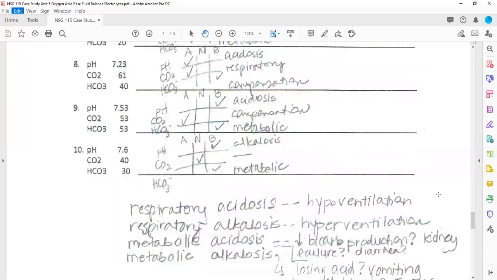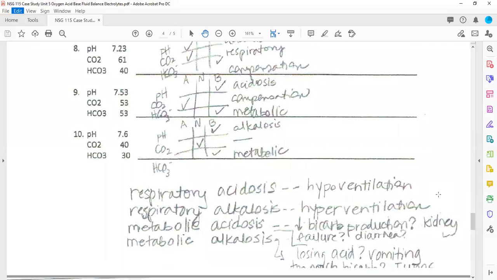So we need to also consider what kinds of things could cause an imbalance. So let's look at that. If our patient is in respiratory acidosis, what are we going to see? It's a respiratory problem. It's the lungs. Acidosis happens when we are holding on to CO2. So we're taking very shallow breaths. We're hypoventilating.